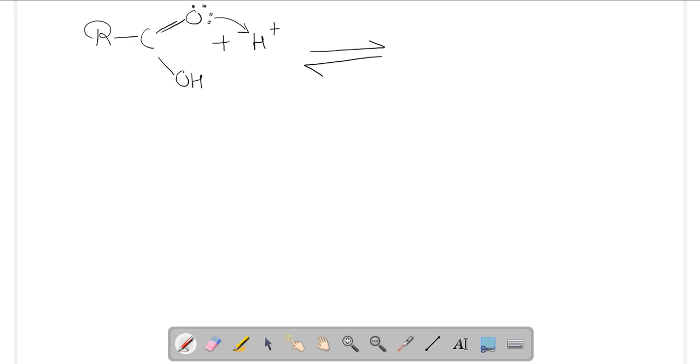So it will act as an initiator here, and the formation of the protonated carboxylic acid, with O plus H and OH, will take place here.